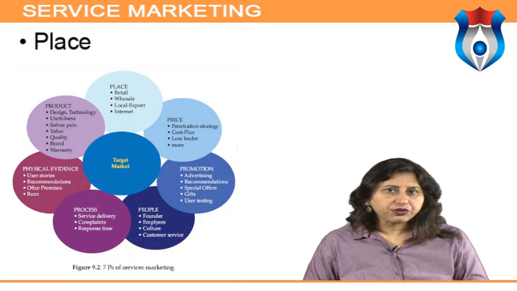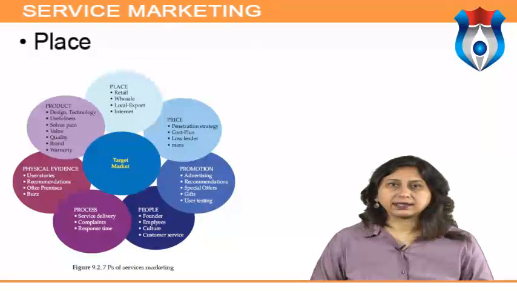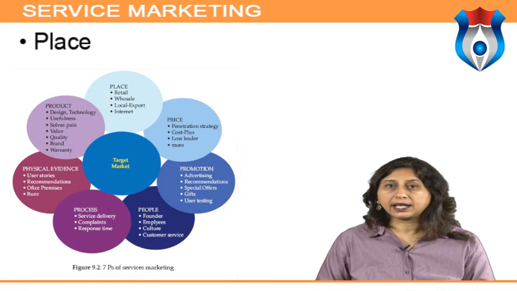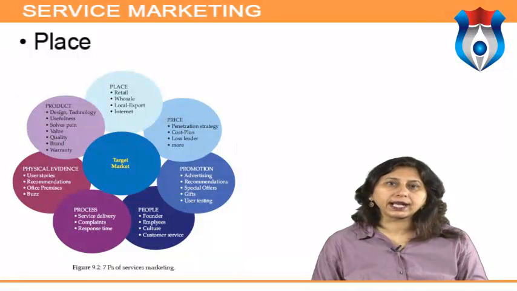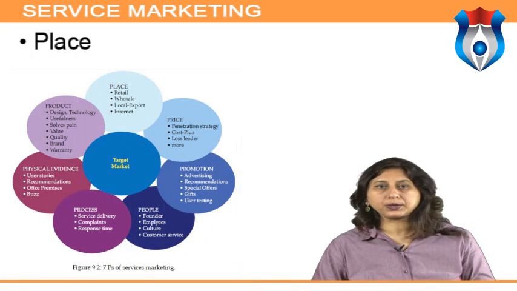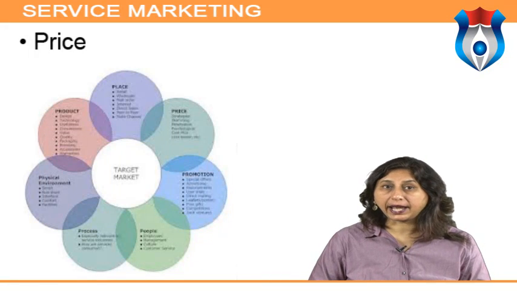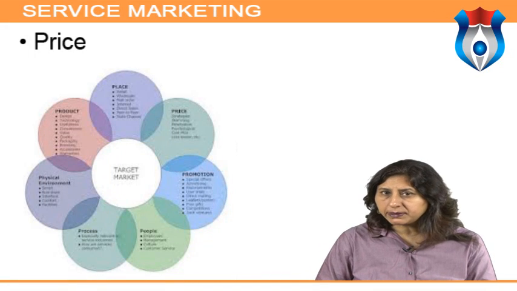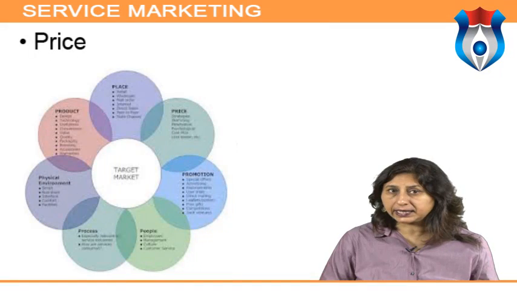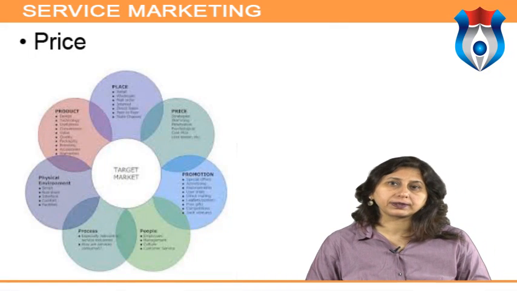Place. It represents the distribution channels that an organization utilizes to convey its physical products or services to the end users. Price. It is a flexible and dominant element which determines the revenue, profitability, and market share of the organization.